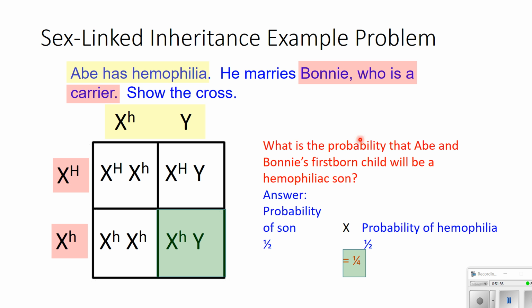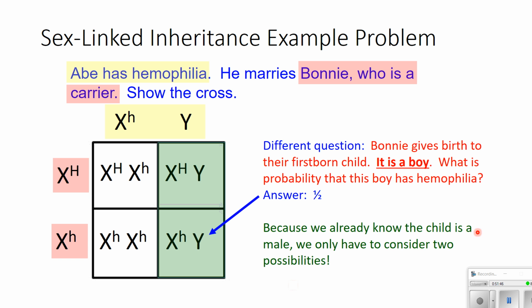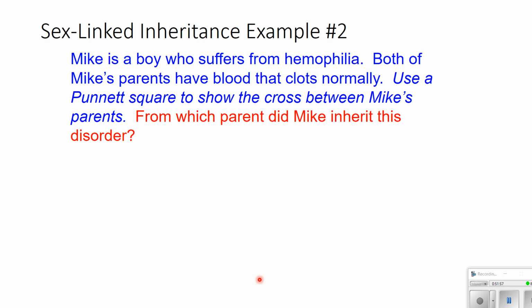But the probability that that child will be a hemophiliac son is 1 possibility out of 4 possible kids that they could have. But if the kid has already been born and we know it's a boy, then it's a 1 out of 2 probability that he will have hemophilia.